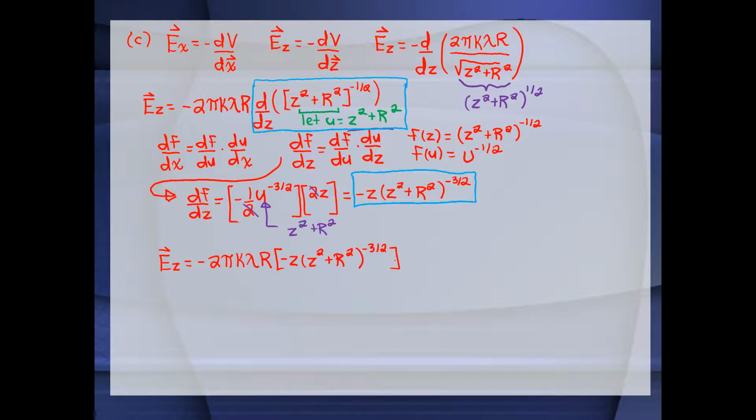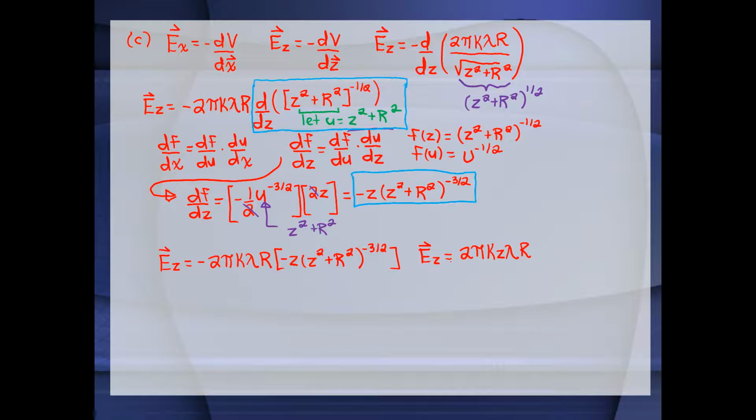Okay, let's clean this up a little bit. So the 2 negatives are going to cancel off, which is good. I'm also going to make the z squared plus r squared to the negative 3/2 a positive exponent again. So I'm going to bring it back down to the bottom. So that's going to turn it into Ez is equal to 2 pi k z lambda r.